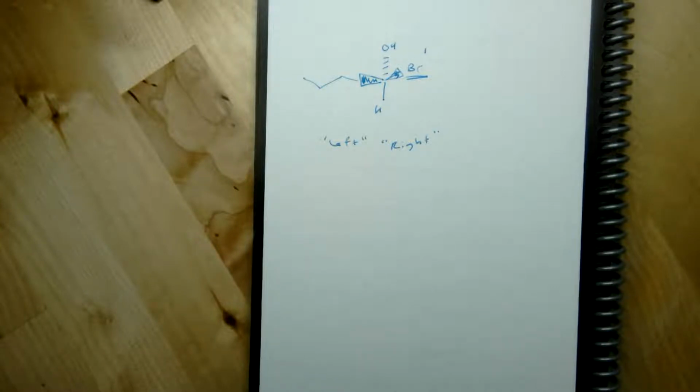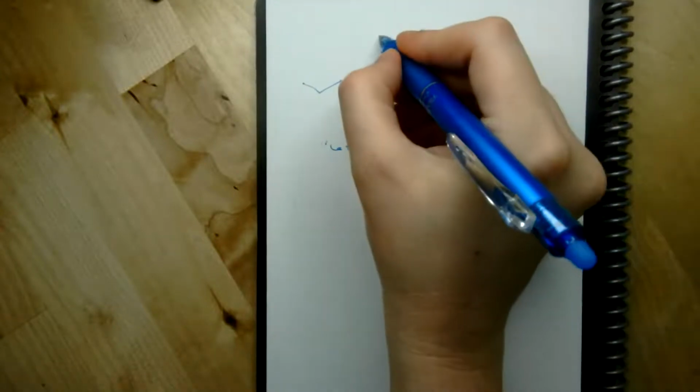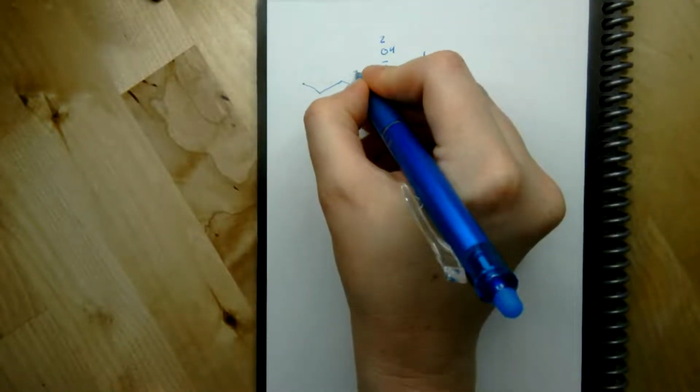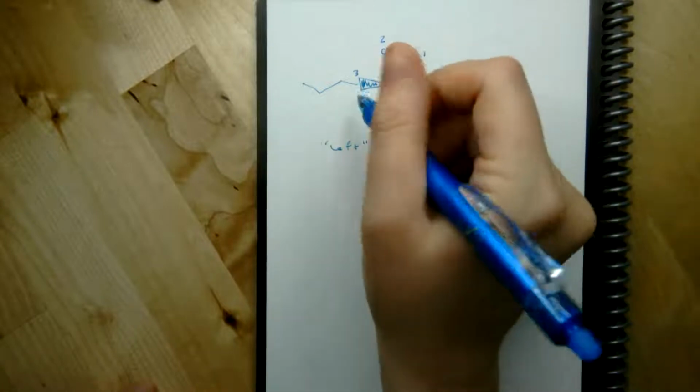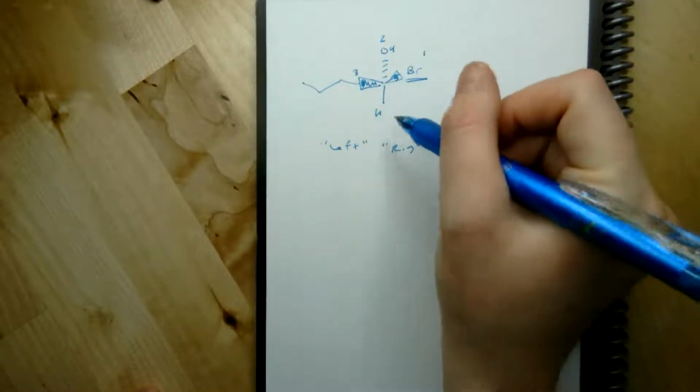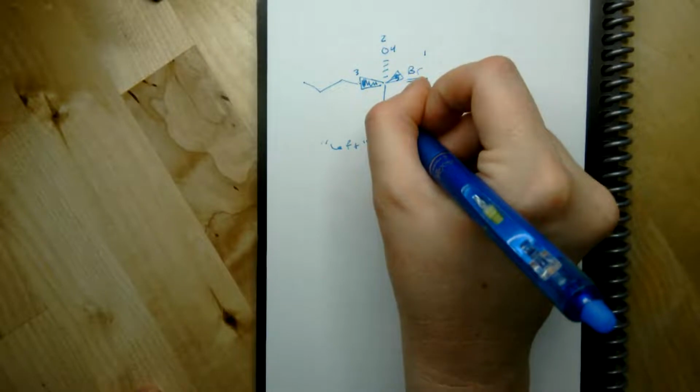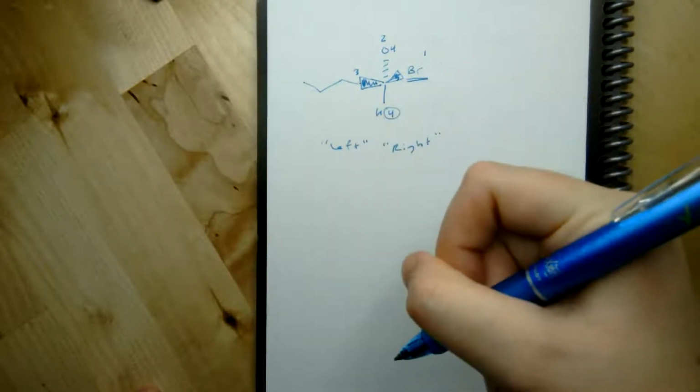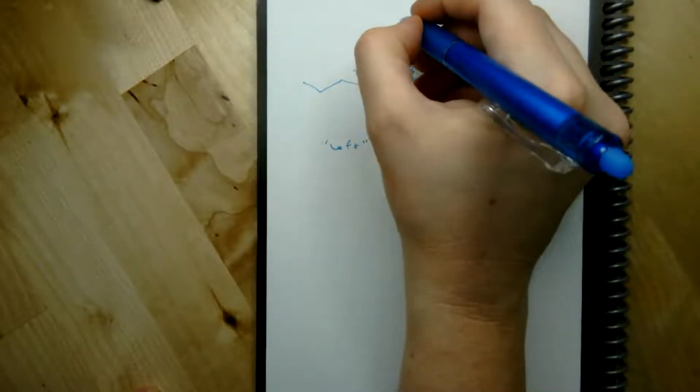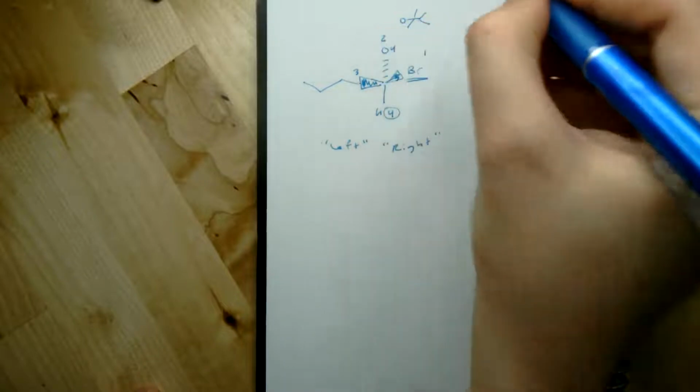Okay, so let's see. So yeah, you do based on the Cahn-Ingold-Prelog, which is the molecular mass of the thing directly attached. So bromine is 1, alcohol is 2, and then CH3, the carbon right here, would be 3. But you have to make sure that the lowest priority, in this case hydrogen, is pointing away from you. So for me, I would float it up above is how I would picture this.